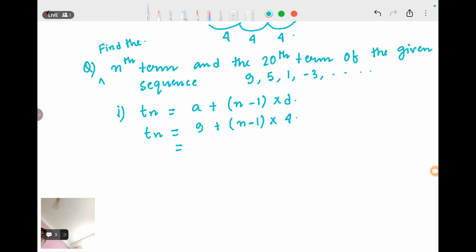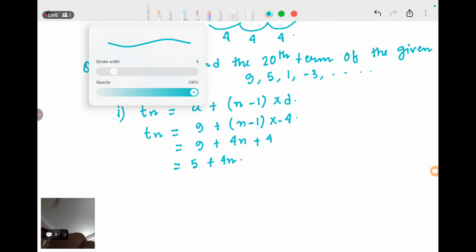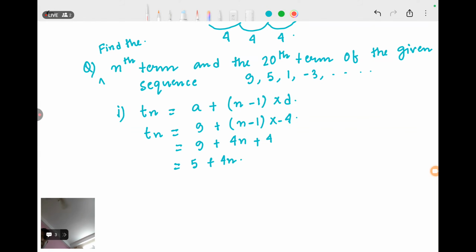Here the common difference will be minus 4, because 5 minus 9 is equal to minus 4.